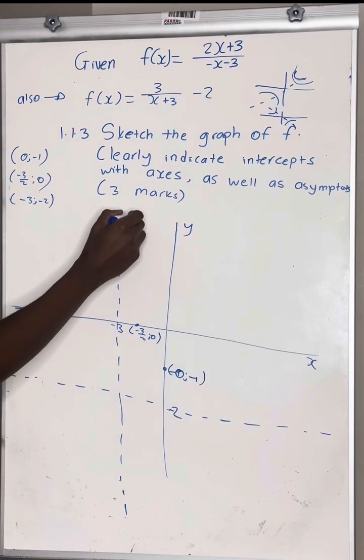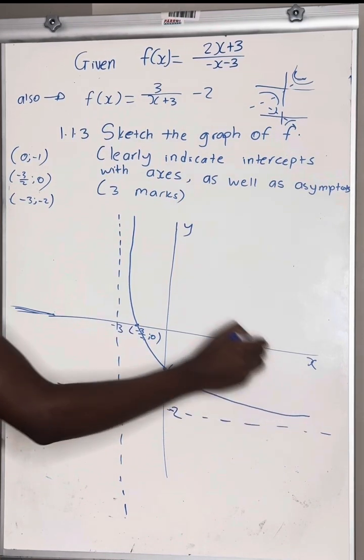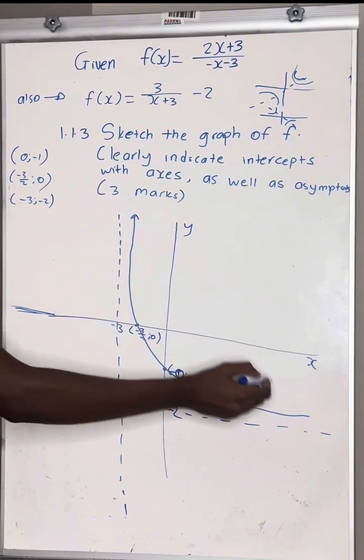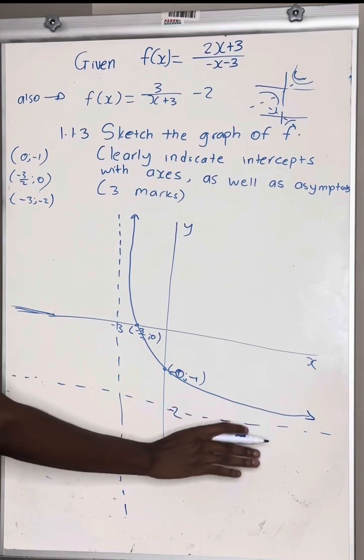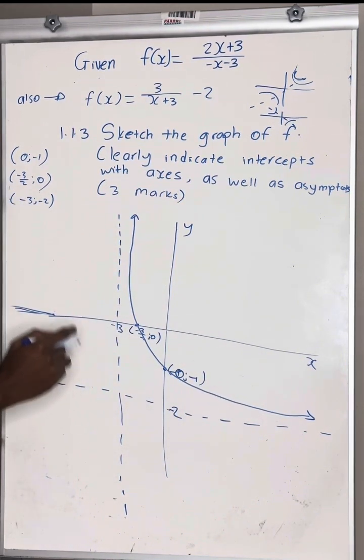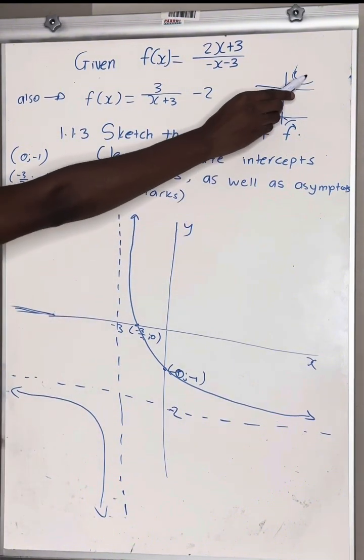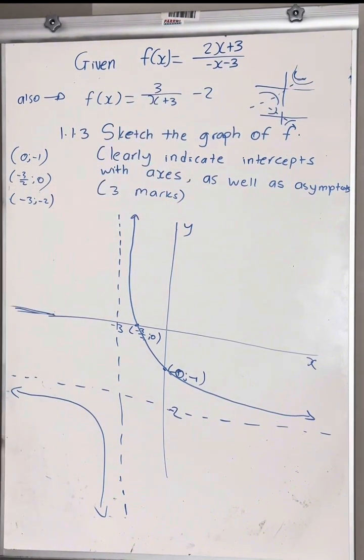So let's now join these two. You see our function is moving in this direction. Remember, it shouldn't touch the asymptotes, because the asymptotes are the lines the function never touches. And then we have our second part moving like that. And you can see that it actually corresponds with this one, because we have a positive gradient. And then we have sketched for 3 marks.